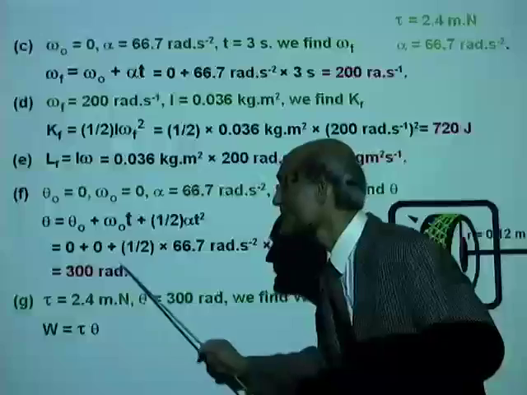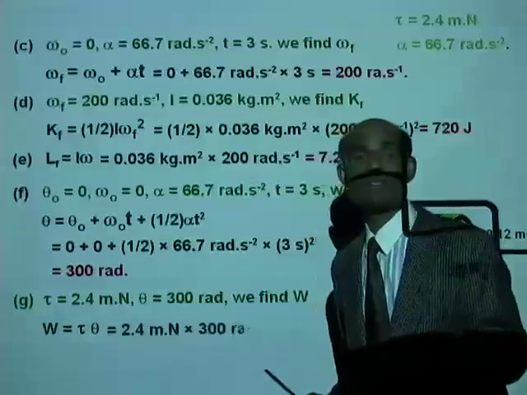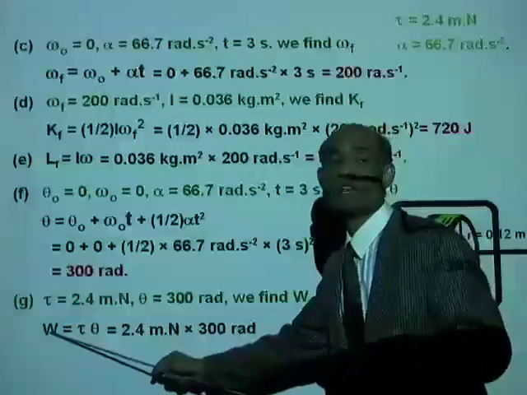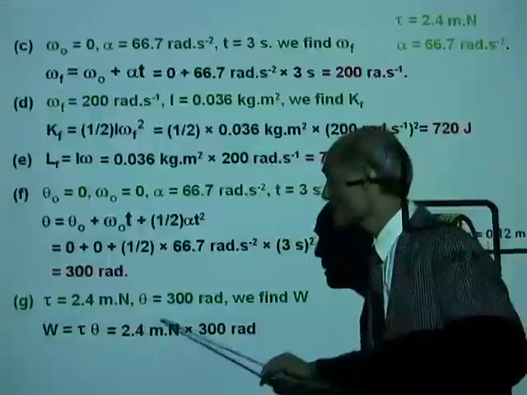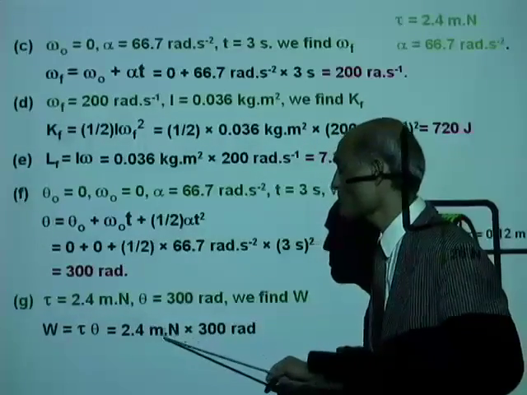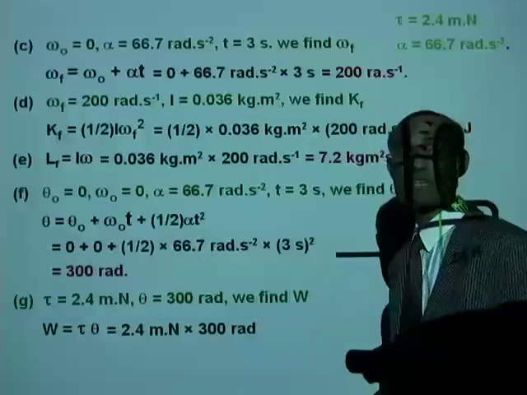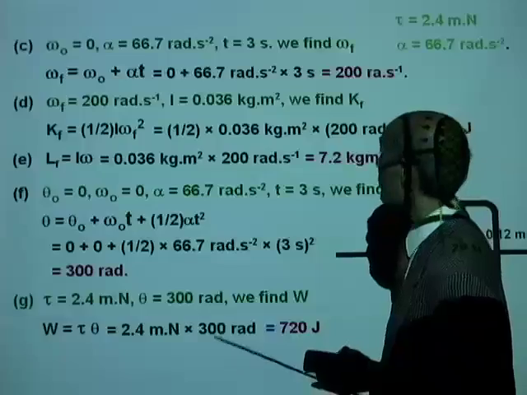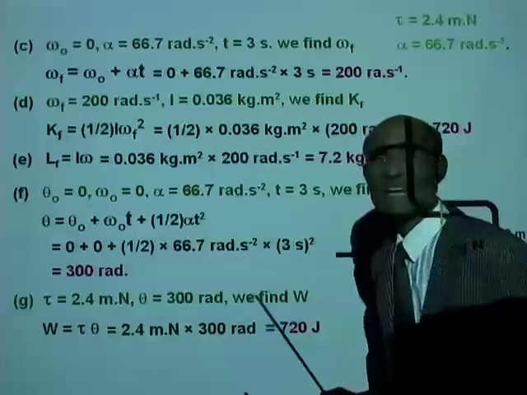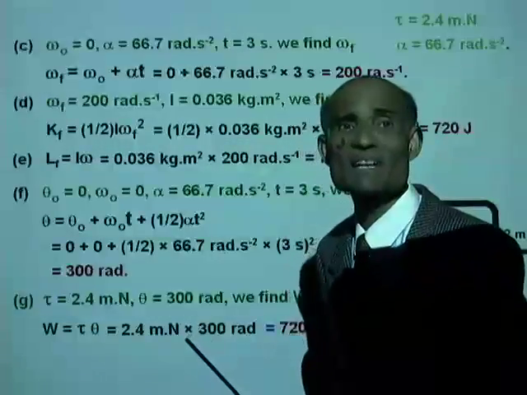Theta we just calculated, 300 radians. Therefore, rotational work done is tau times theta, 2.4 meter Newton times 300 radians. That is 720 joules.